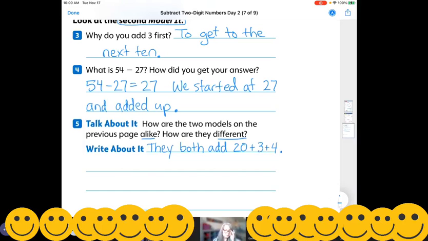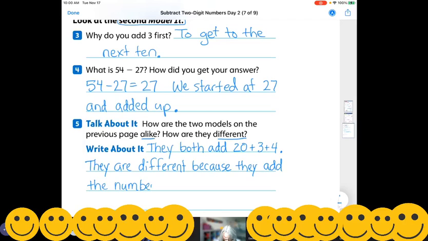But they're different because they add those numbers in a different order. They are different because they add the numbers in a different order.